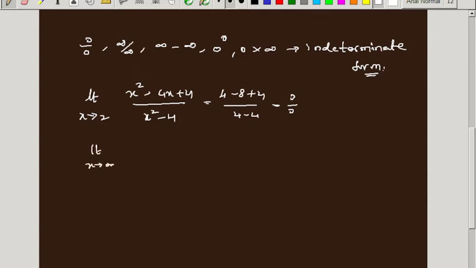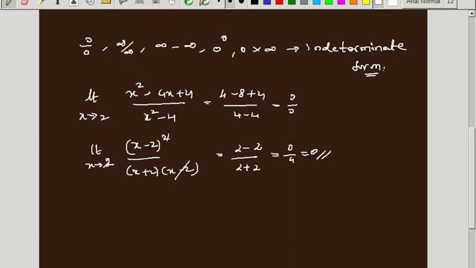Limit x tends to 2. Numerator can be written as x minus 2 whole square. Denominator we can write as x plus 2 into x minus 2. Here we can cancel one x minus 2. And here if we apply the limit, we get 0 by 4 is 0. We are getting the answer.